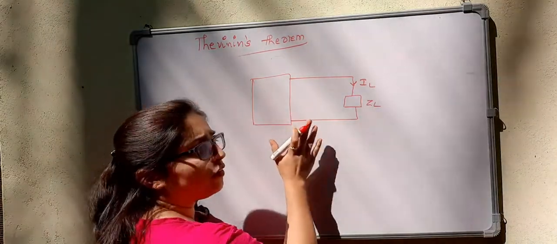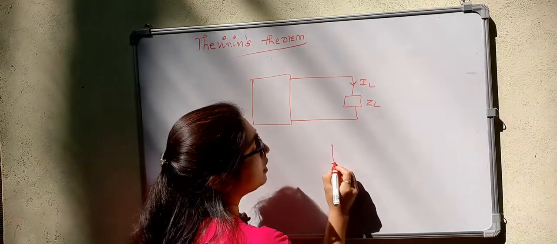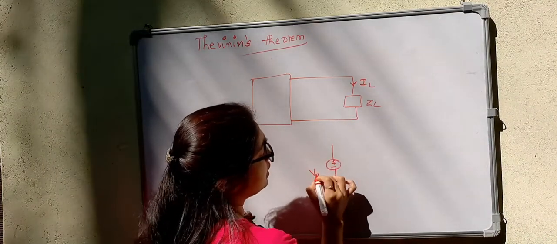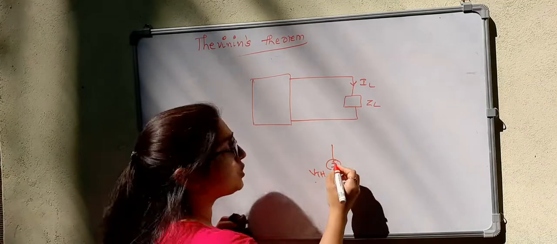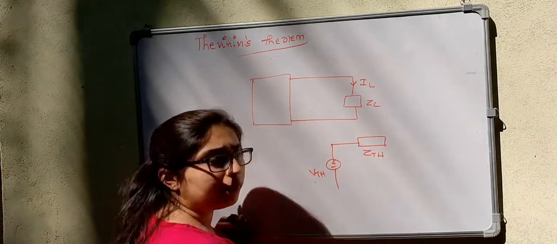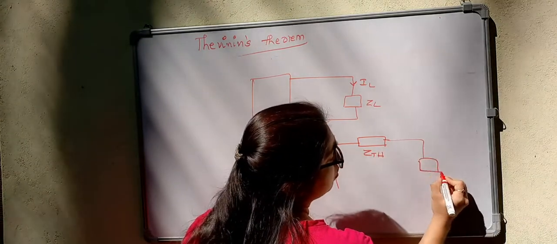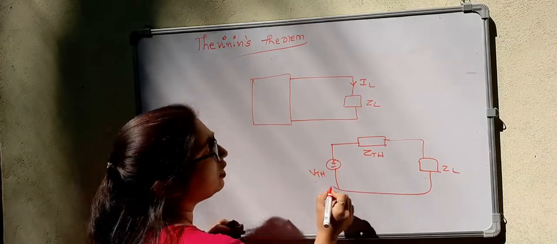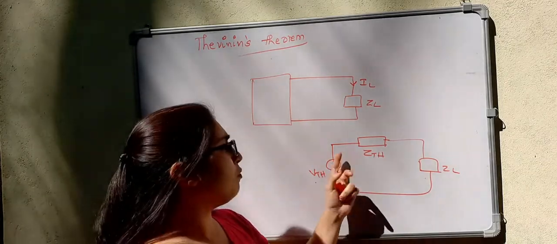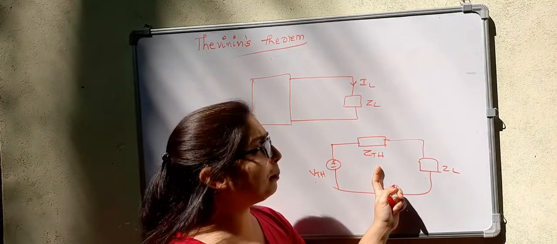Whatever the complexity of the network may be, we can replace it with Thevenin's voltage in series with the equivalent impedance, and then we connect the load across this. So we can redraw this by finding the Thevenin's voltage and the equivalent impedance.